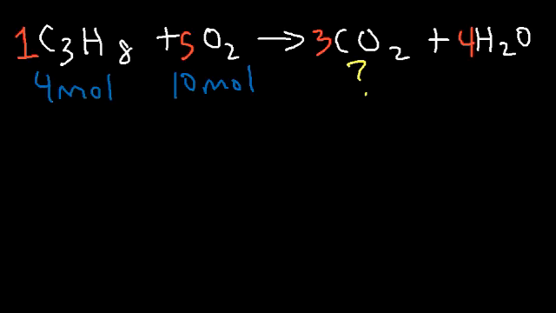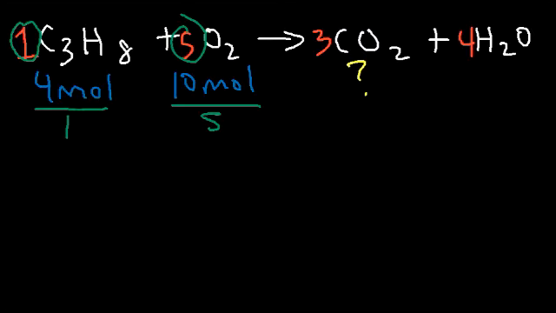So we need to know which one runs out first. A quick way to find out which one runs out first, if you have the moles, is to simply find out which reactant has the lowest mole per coefficient ratio. The coefficient for propane is 1, and for oxygen is 5. So if we divide 4 by 1 and 10 by 5, which number is lower?